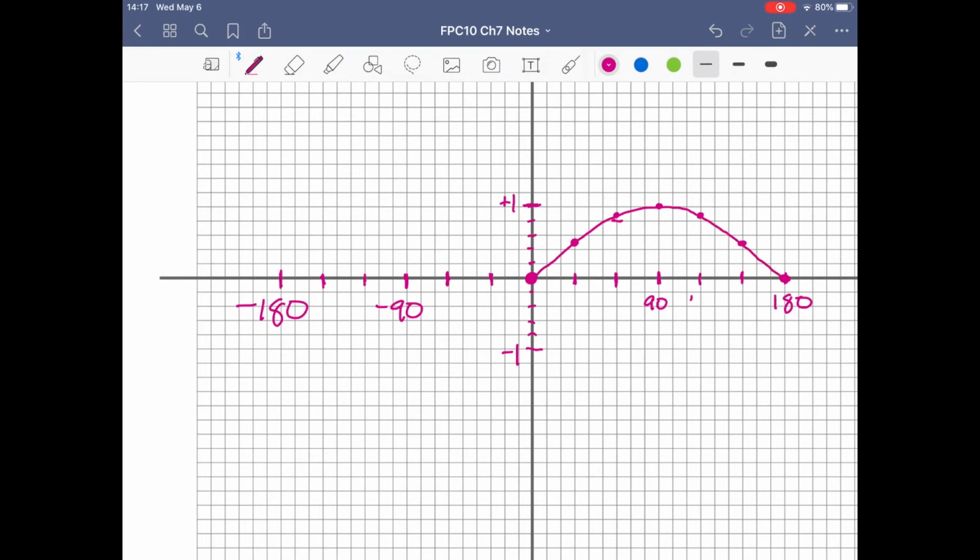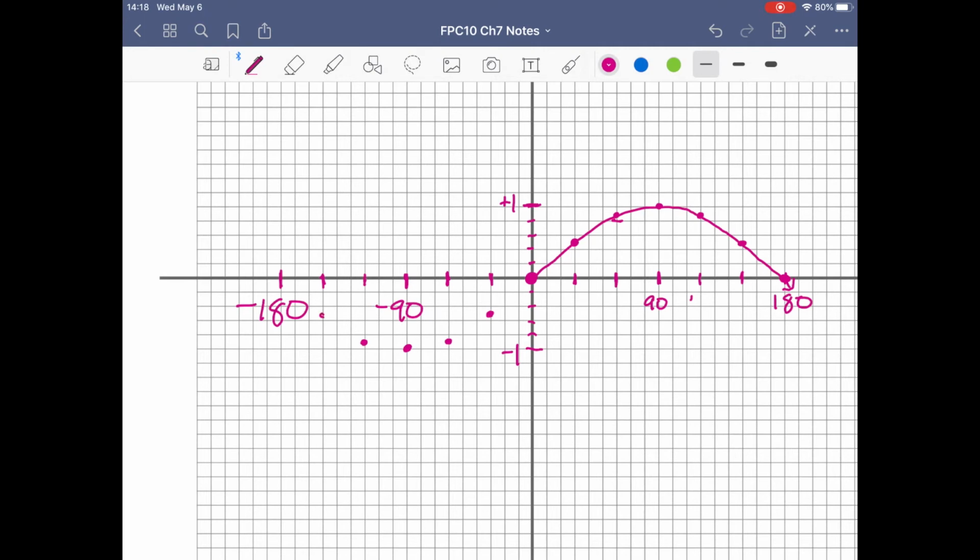And the graph continues down. Now, at negative 30, it was negative 0.5. At negative 60, it was negative 0.867. At negative 90, it was there. Now, where do you think it was going to go at negative 120? Well, back here to negative 0.867.